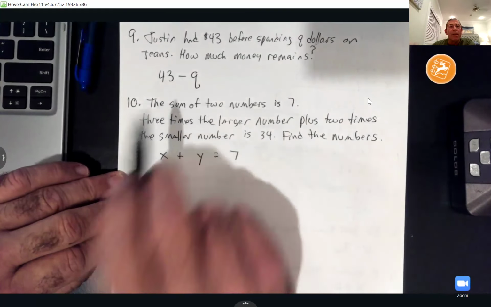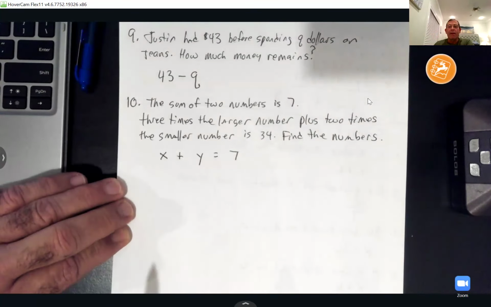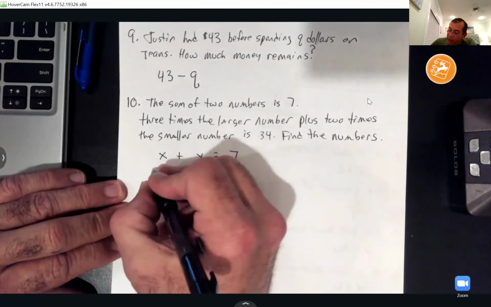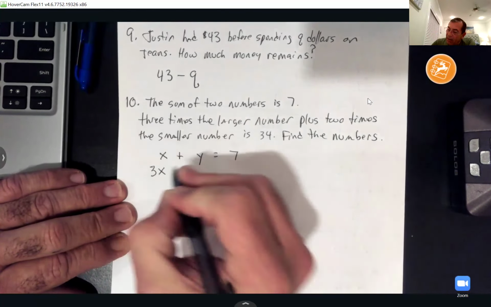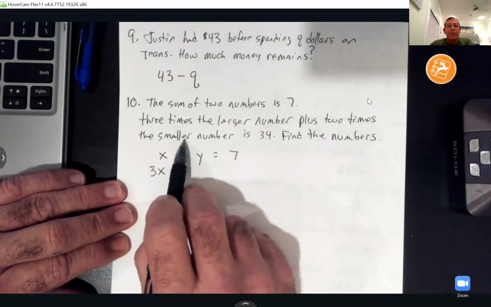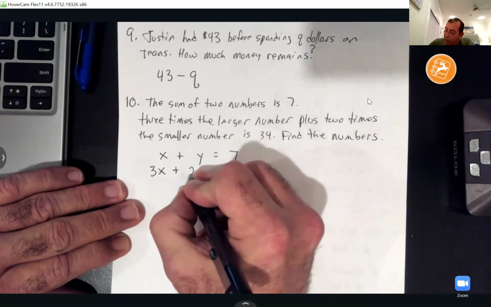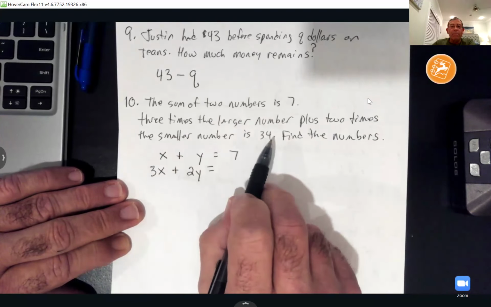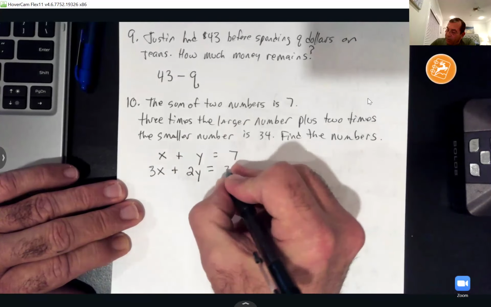So remember, sum means addition. Now look what they got. 3 times the larger, so that'll be 3x, plus 2 times the smaller, so that'll be 2y. Together, that's going to equal 34.